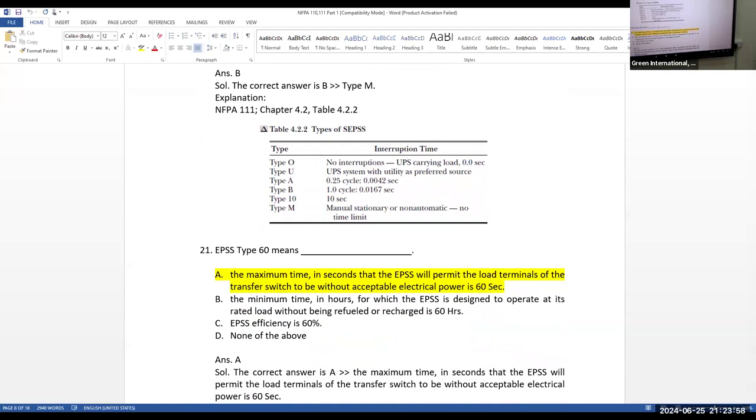Type 60. So they use the word type. Type means in terms of seconds and maximum.